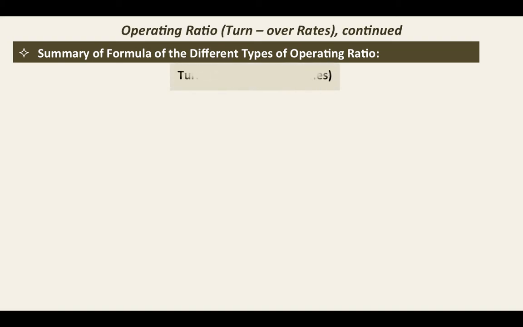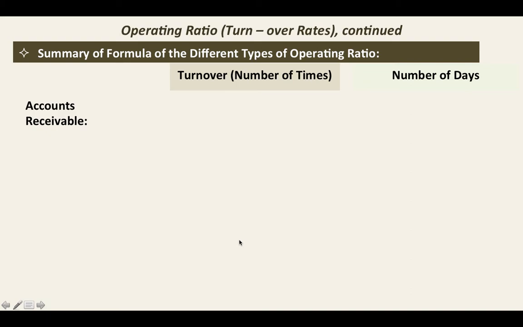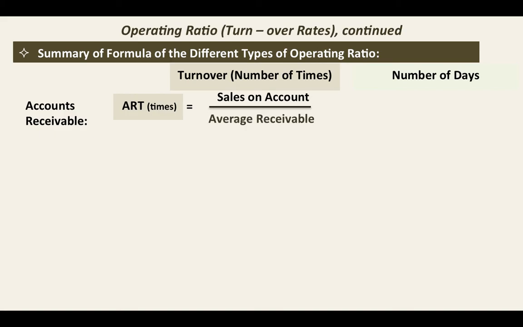We will have the number of times and the number of days. For accounts receivable, we have the accounts receivable turnover, number of times. The formula is sales on account over average receivable. And if we are going to get the number of days, we have days receivable outstanding, which is equivalent to 365 days over accounts receivable turnover number of times.